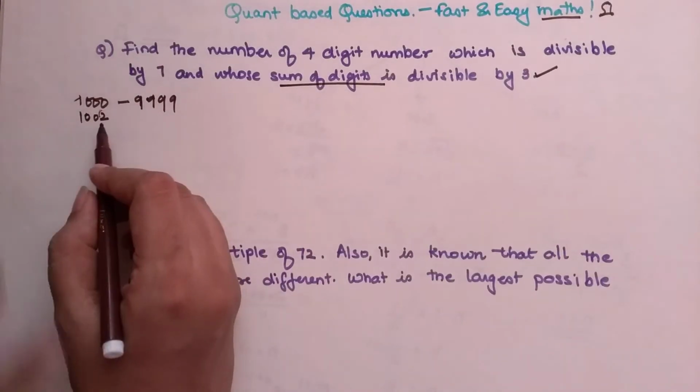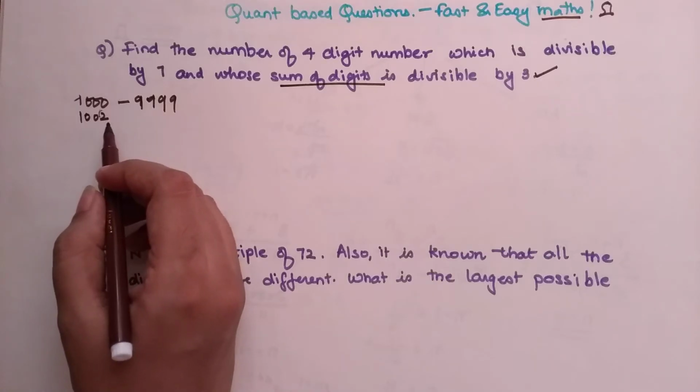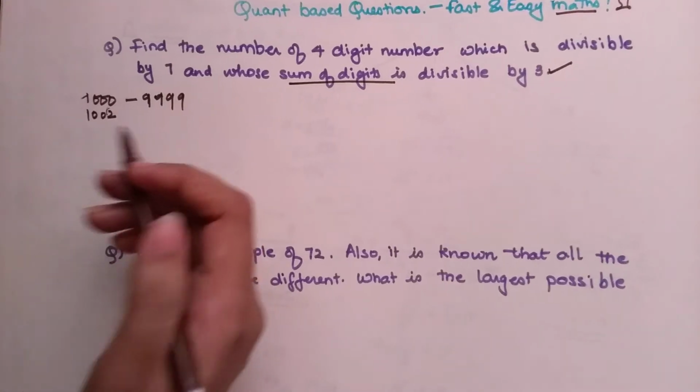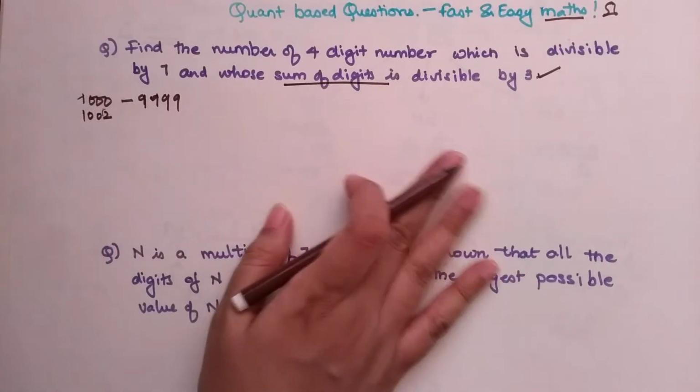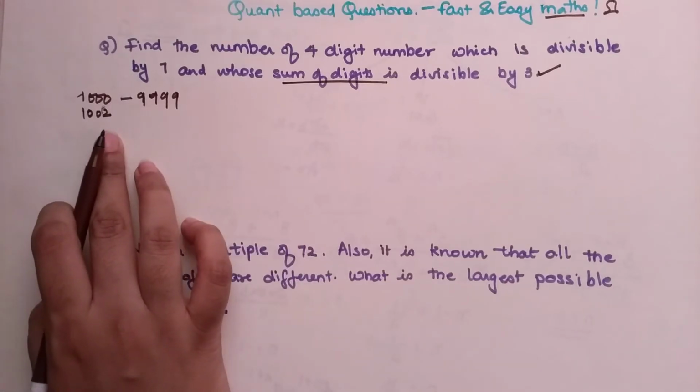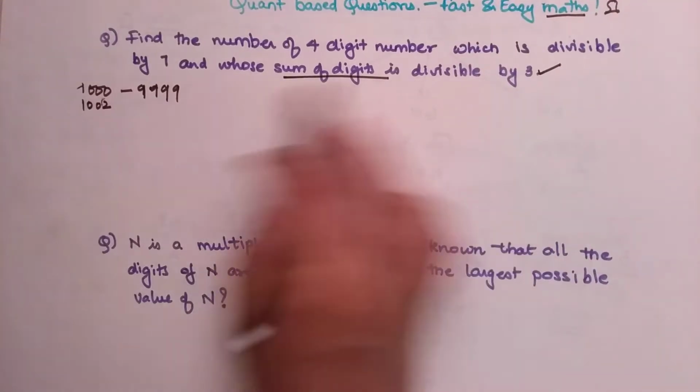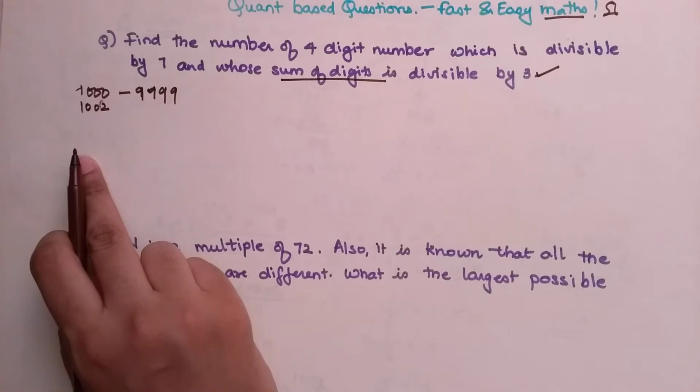So the double of 2 is 4, and you subtract 4 from 100, you get 96, and we know that 96 is not divisible by 7. So your 1002, even though it is divisible by 3, we cannot take it into consideration.